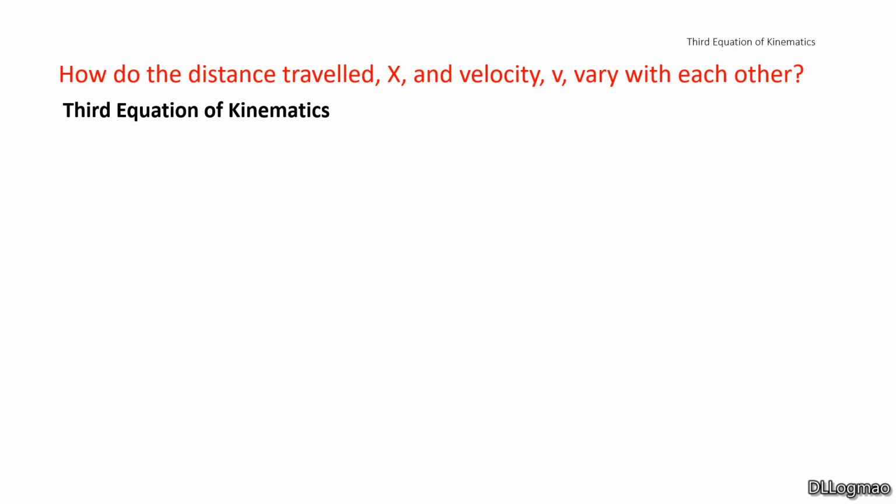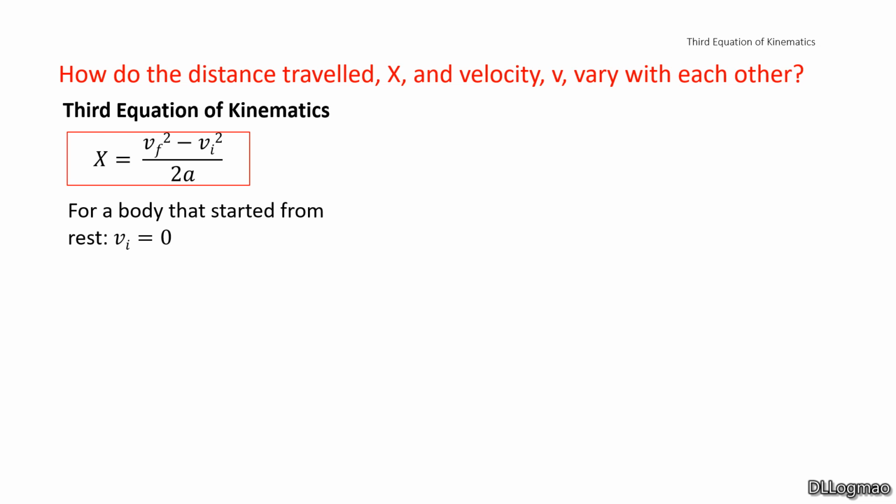How do the distance traveled x and velocity vary with each other? This third equation is equal to the ratio of the difference of the squares of final velocity and initial velocity, and twice the acceleration. If the body started from rest, initial velocity is 0. The equation becomes displacement x is equal to the square of final velocity divided by twice the acceleration.